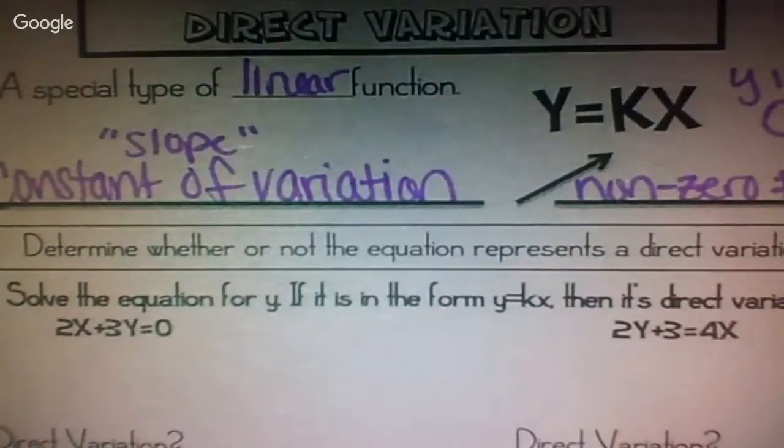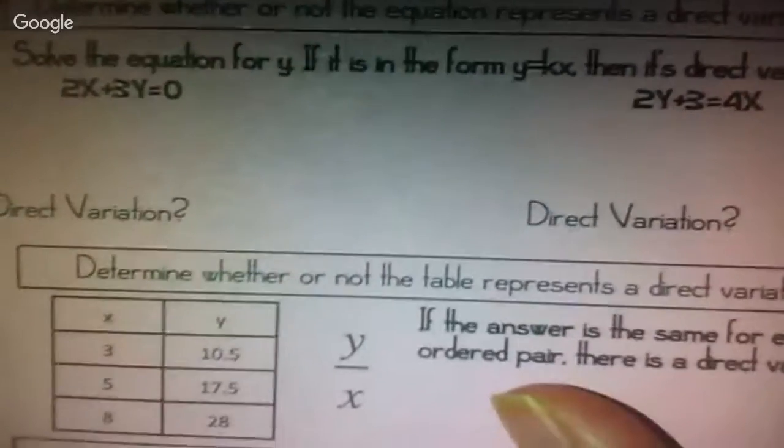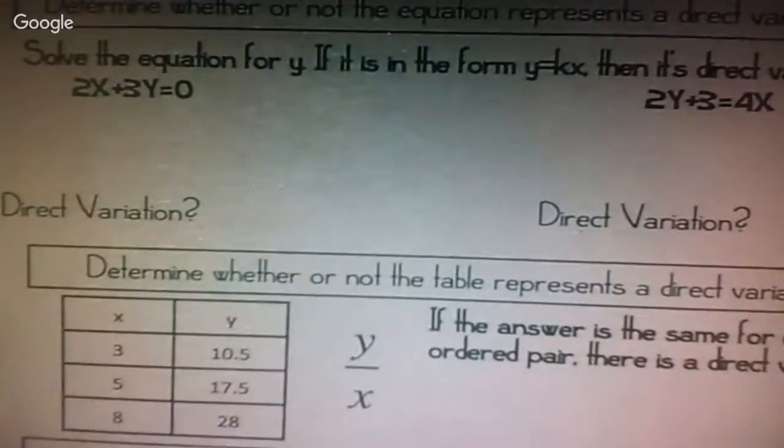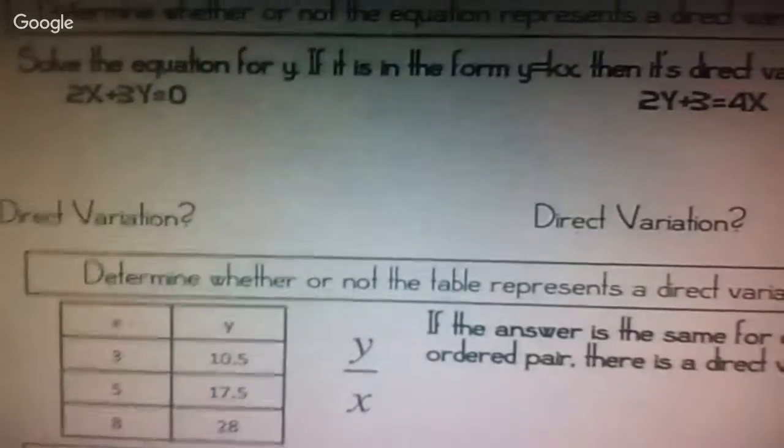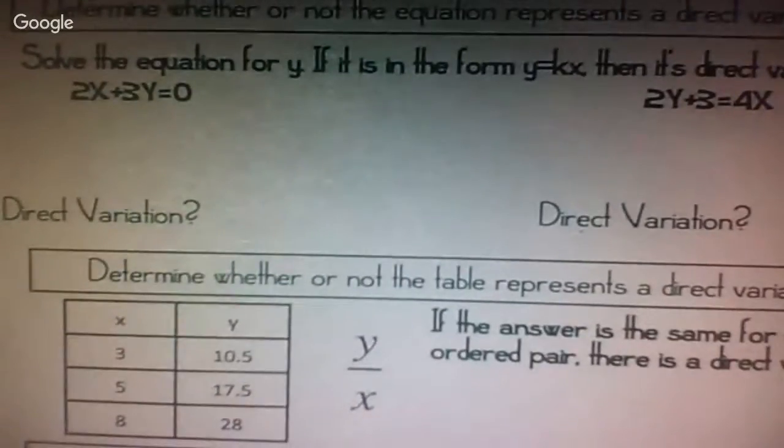So, some things we should be able to do. In order to determine whether an equation is direct variation or not, we must have it set equal to y first. So we've got 2x plus 3y equals 0. I need to arrange this so it's y equals. What do I do first?